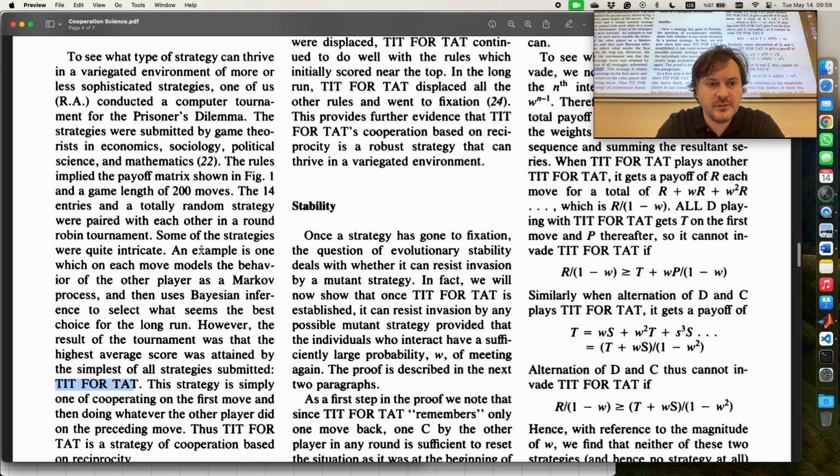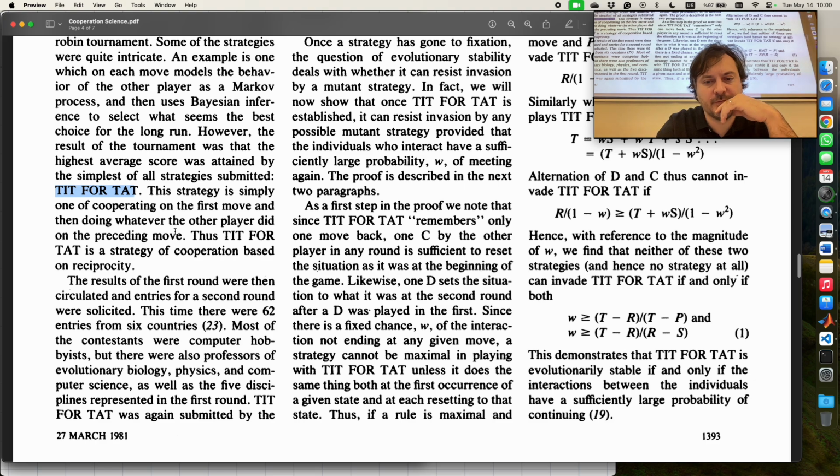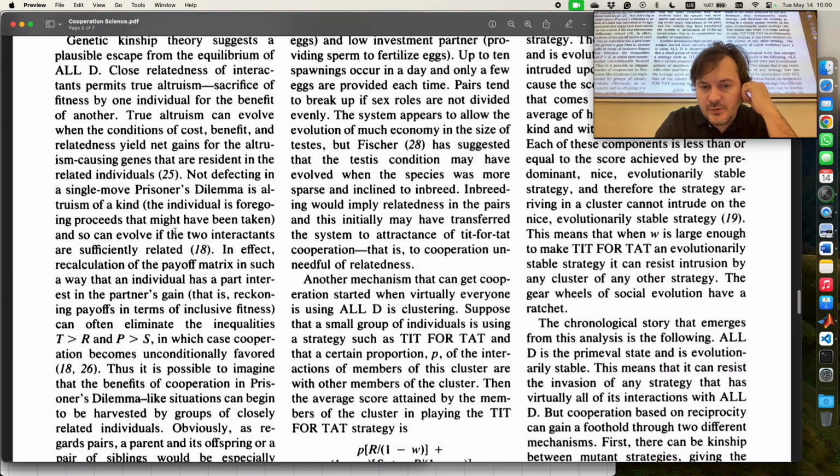The 14 entries and the totally random strategy were paired with each other, but this is okay. So they got 14 strategies, and one of them won, which was tit for tat. Very good.